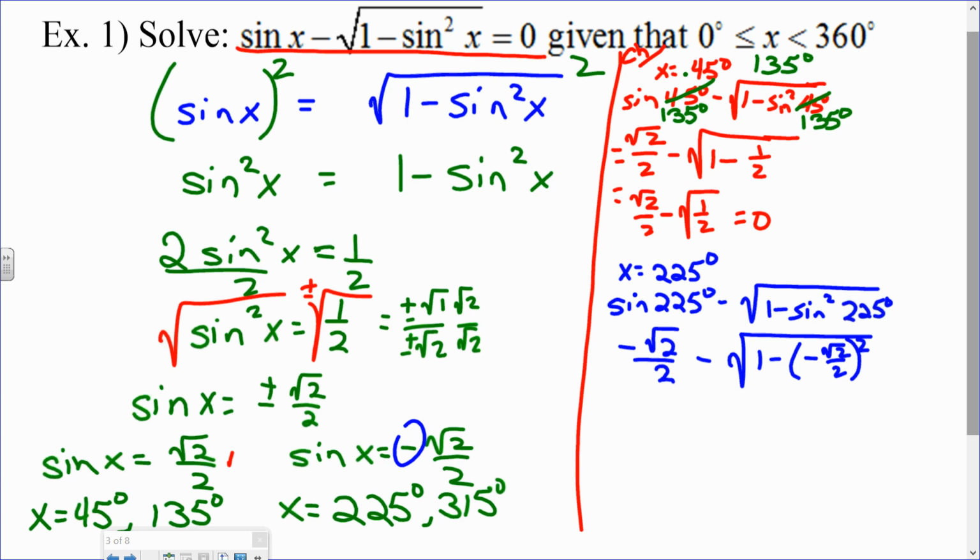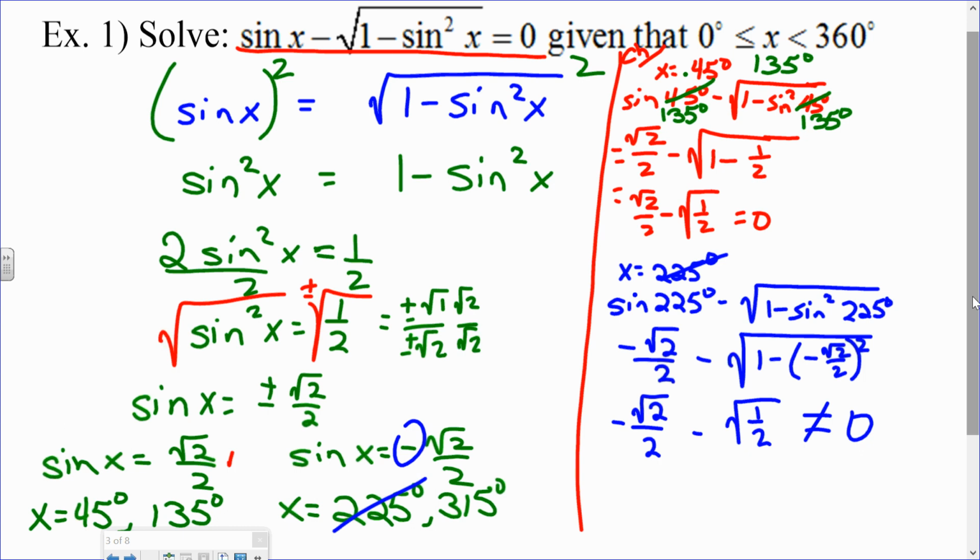Well, that's still going to give me a half right here, so I'm still going to be taking minus the square root of a half, but I've got a negative out here in front. Is that going to give me 0? Are those two going to cancel out? So that one does not work, so we have to get rid of 225.